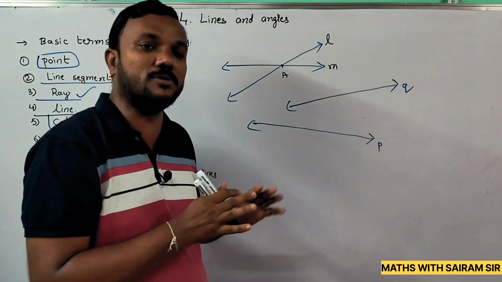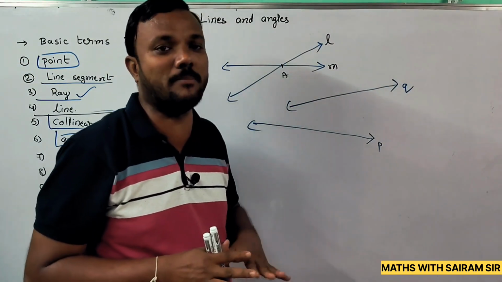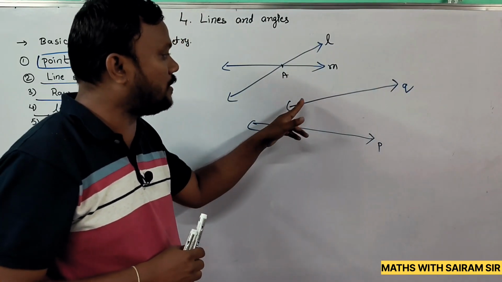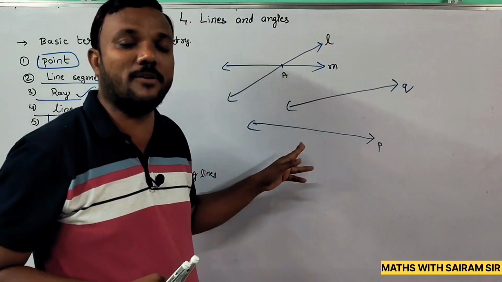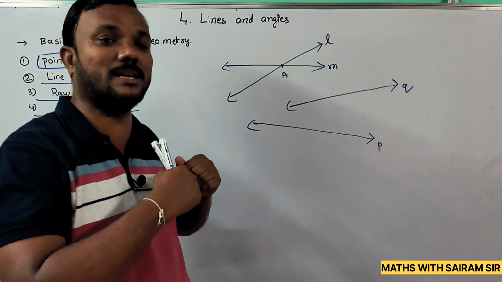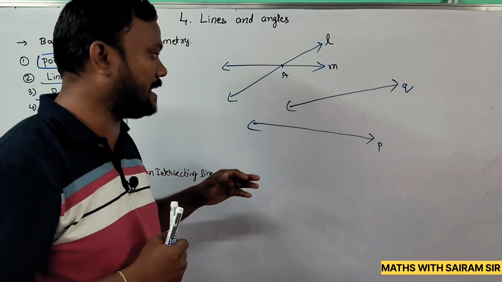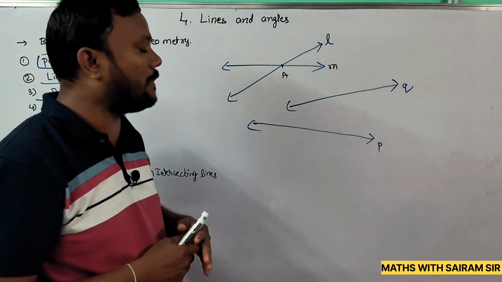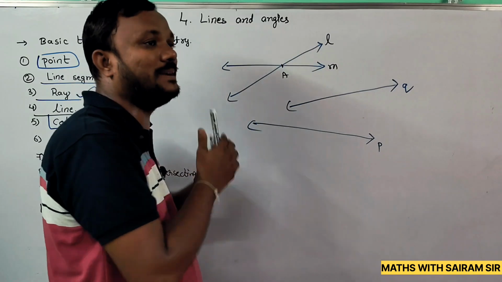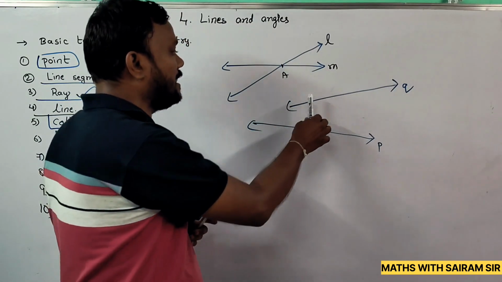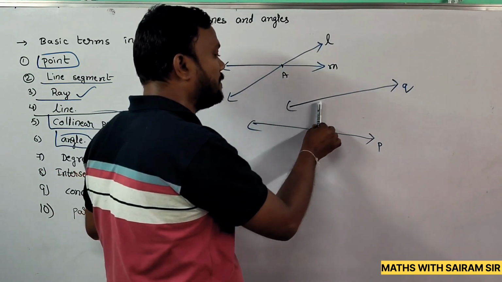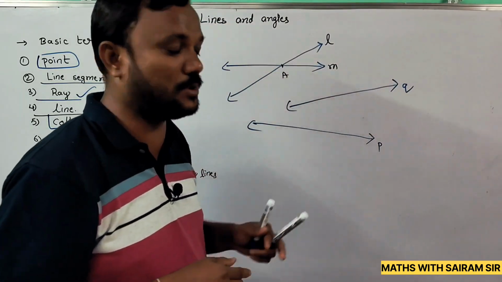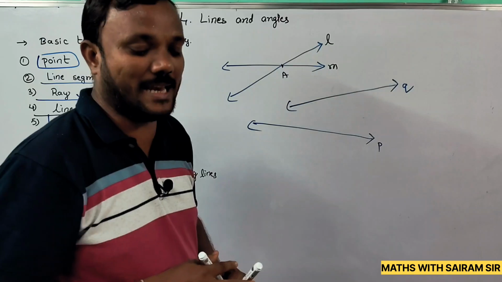But we cannot say these are non-intersecting lines, because we have discussed the definition of a line: a line extends endlessly in both directions. So as of now they don't have any intersecting point here, but if you extend these two lines, they may meet at one point. Looking at this, the distance between them is not stable, which means they may meet at one point on extending them. So these are also called intersecting lines.